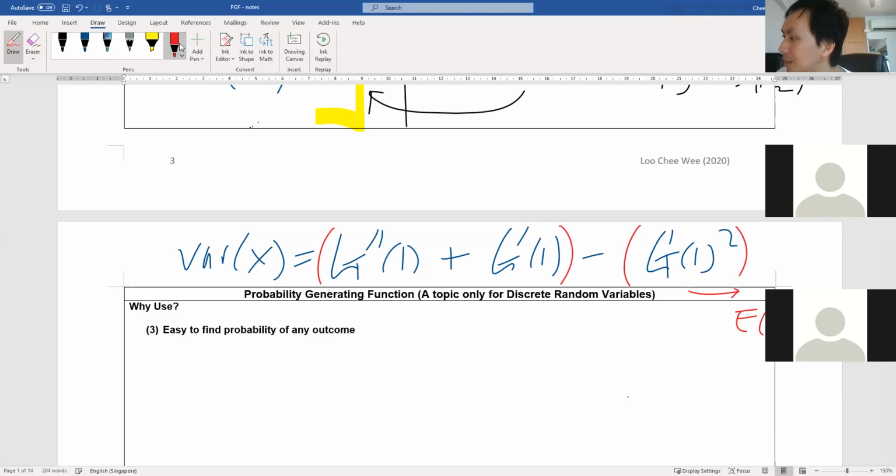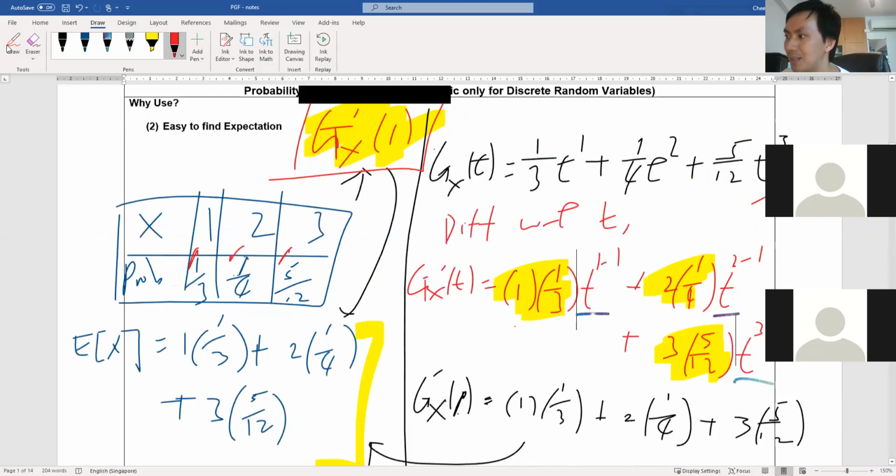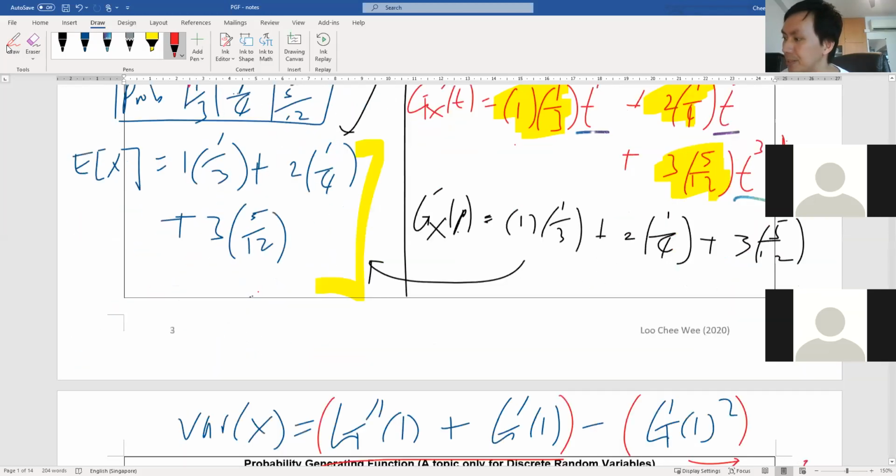Okay, this thing here is your EX squared, like this. Okay, so as a result, we can actually calculate the variance pretty quickly also without going through the bothersome stuff that we used to go through in tables 1 and 2. Okay, so this side trick formula for variance and EX are inside the formula sheet for you.